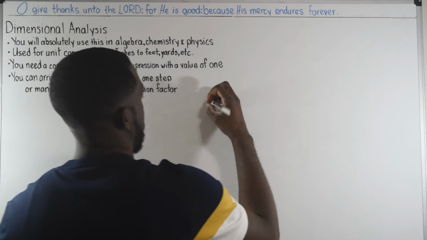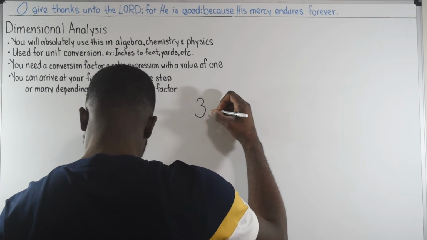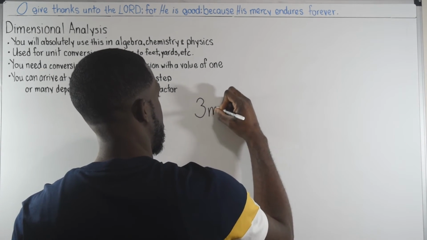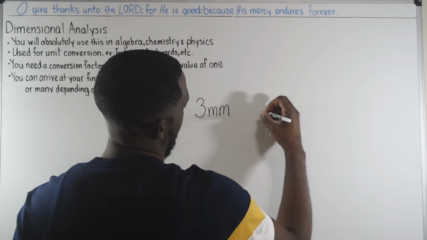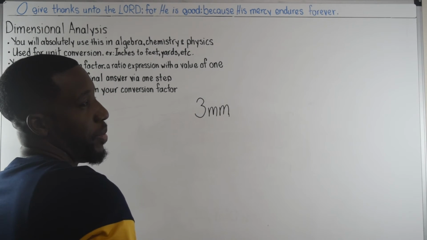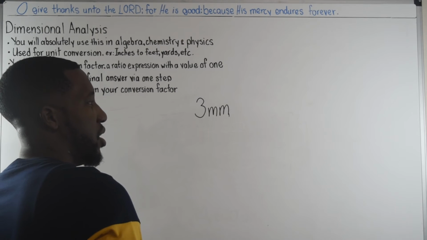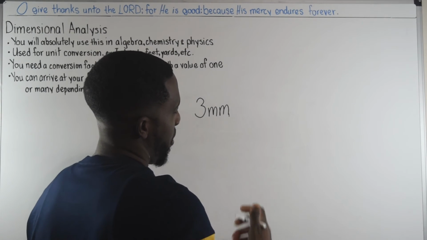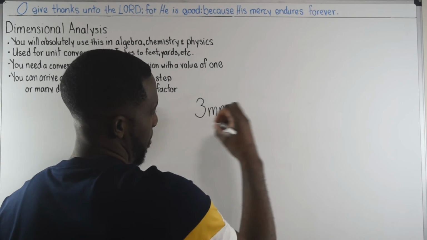Now let's say we had 3 millimeters and we want to convert it to micrometers. Okay. Now micrometers is, I think, a millionth of a meter. All right, so I'm gonna show you. We're gonna do this multi-step.